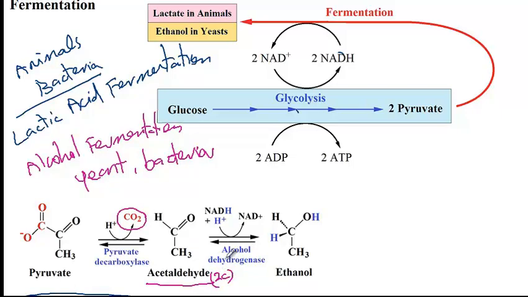And then finally, alcohol dehydrogenase will help produce NAD plus from NADH, and the final product is ethanol, which is also a 2-carbon molecule.